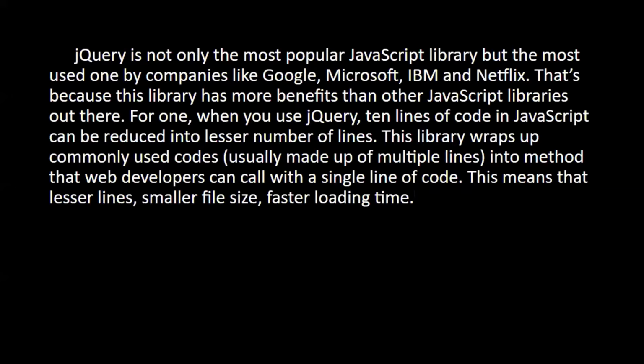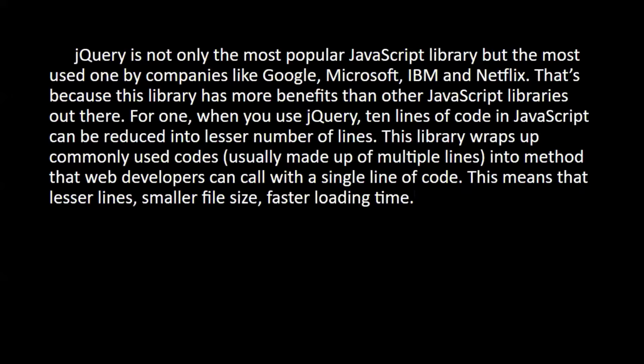This library wraps up commonly used code, usually made up of multiple lines, into a method that web developers can call with a single line of code. This means fewer lines, smaller file size, and faster loading time. So this is one of the importance of jQuery.